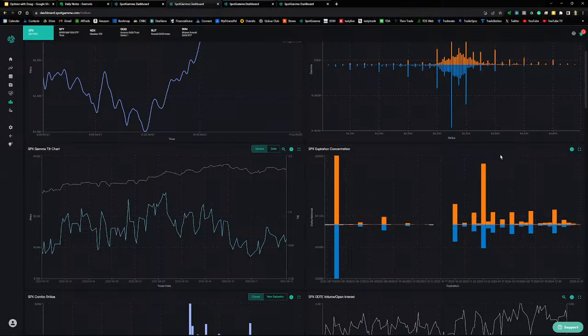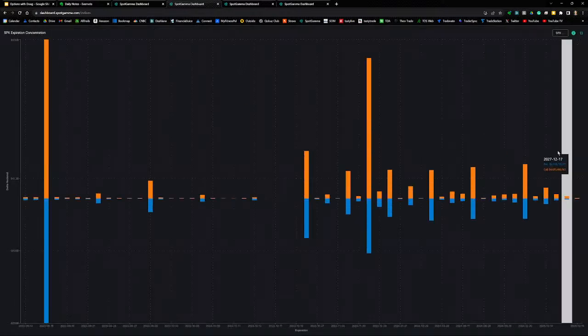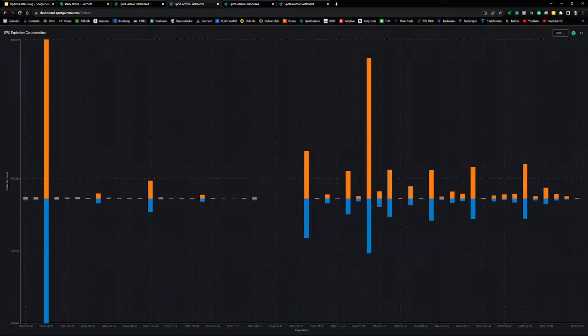And I've talked about this all week. This is the SPX. Let me just zoom in on this. SPX delta notional at different expirations. So this is the delta notional shown by expiration.